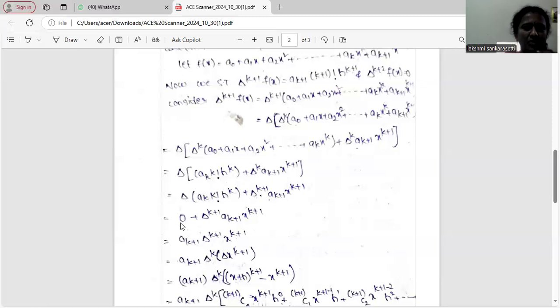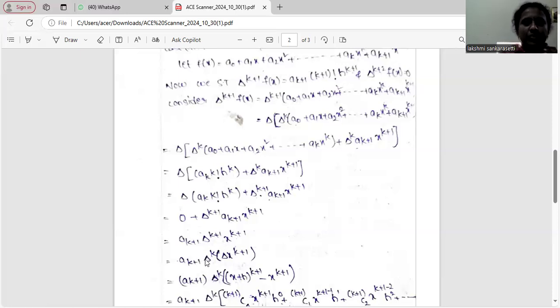This value is 0, plus the remaining delta power k+1 of a_{k+1} x power k+1. Here a_{k+1} is a constant not related to delta, so write the constant outside of the delta: a_{k+1} into delta power k+1 of x power k+1.